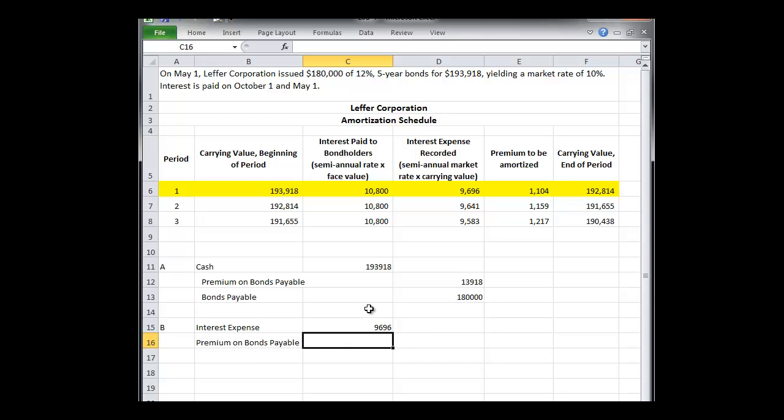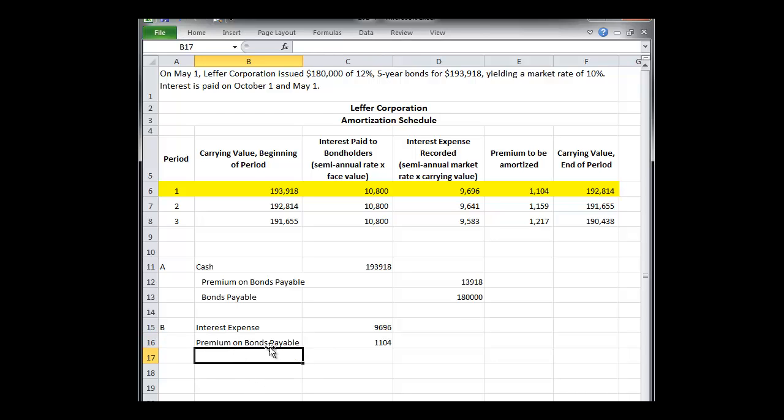I had calculated that amount to be $1,104. Now, why am I debiting this? Because I started off in Part A here with a credit, and what will happen is every time you record an interest expense journal entry, you'll slowly be reducing that amount. So I'm going to reduce it with a debit.